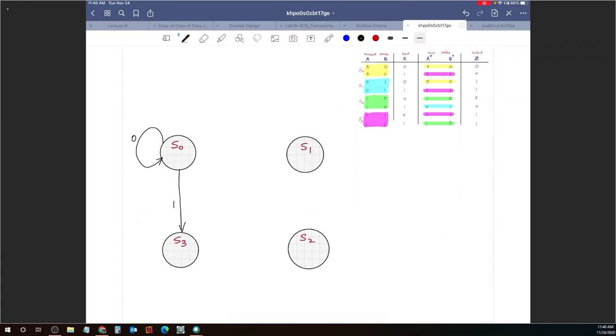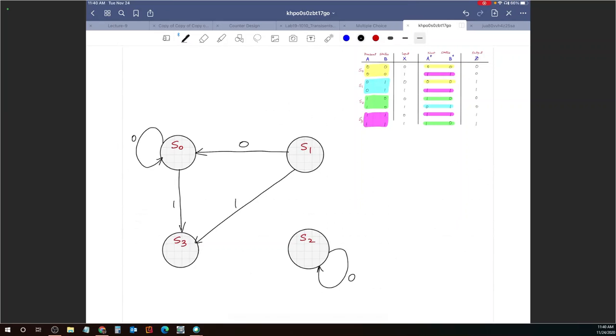Now let's go on to state 1. And I hope that you guys can pitch in. So if you are in state 1 and you get a 0, where do you go? If you are in state 1 and you get a 1, where do you go? If you are in state 2 and you get a 0, where do you go? State 2, input is 0, you stay there.